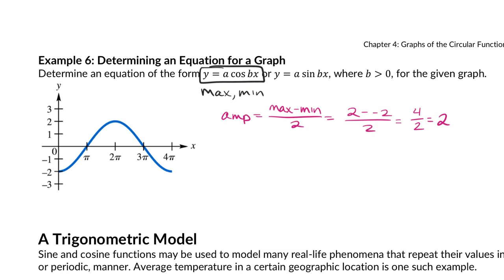The last thing I need is the period. If I look at this graph, how long does it take for this function to start and stop one wave? 4 pi. So if I'm looking for b, I know that the period is 4 pi. I also know that the period is 2 pi divided by b. I've got to figure out what b is. How would you solve that equation for b?